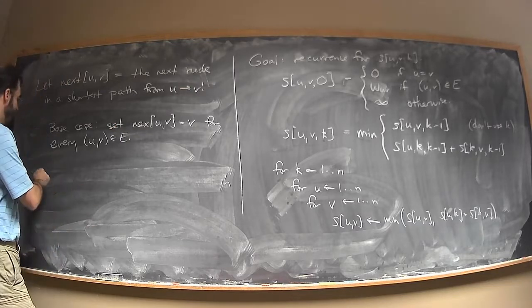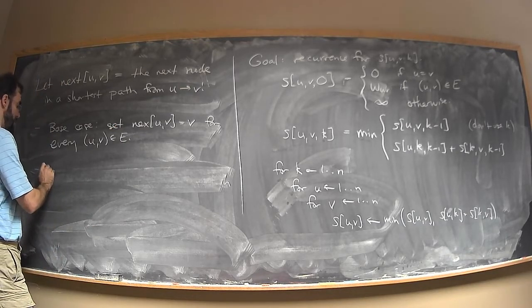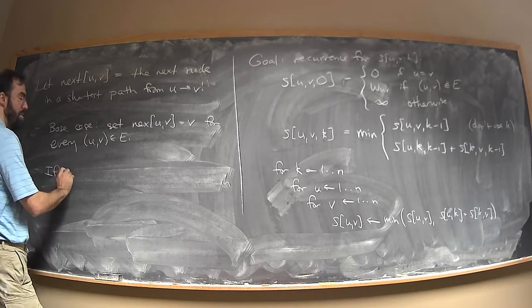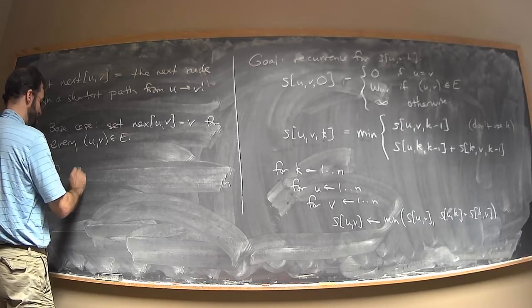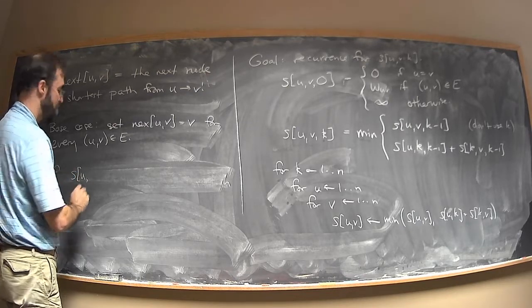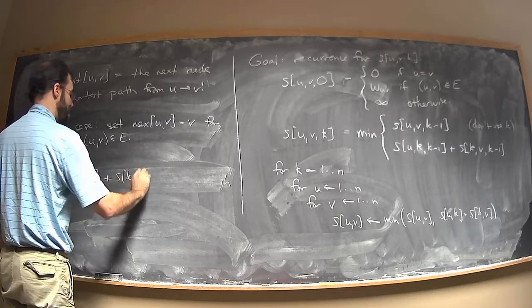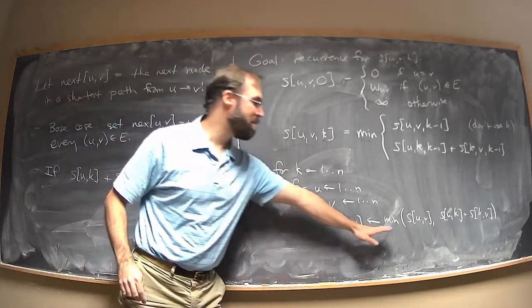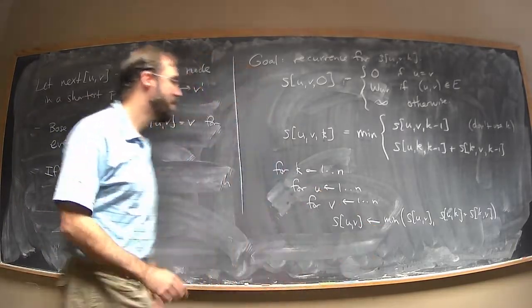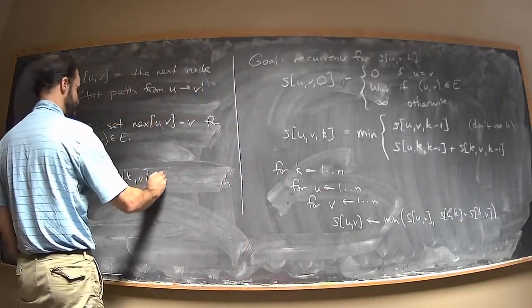It doesn't matter what we set next UV to otherwise. And then when we say, if SUK plus SKV, so this is in this step of the algorithm, is less than SUV.